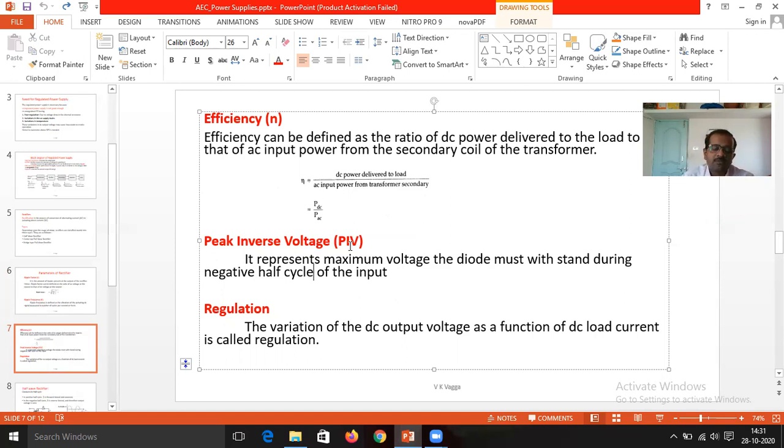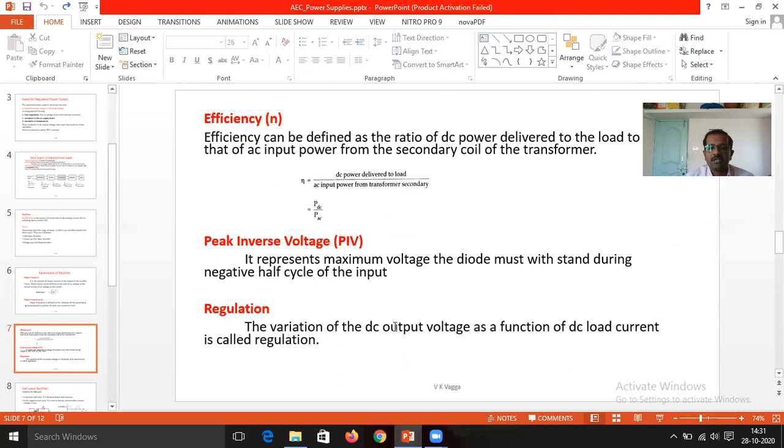It acts as the peak inverse voltage. Okay, and another parameter is the regulation. It is the variation of the DC output voltage as a function of the DC load current. That itself is called the regulation. That means initially, the voltage is to be calculated.